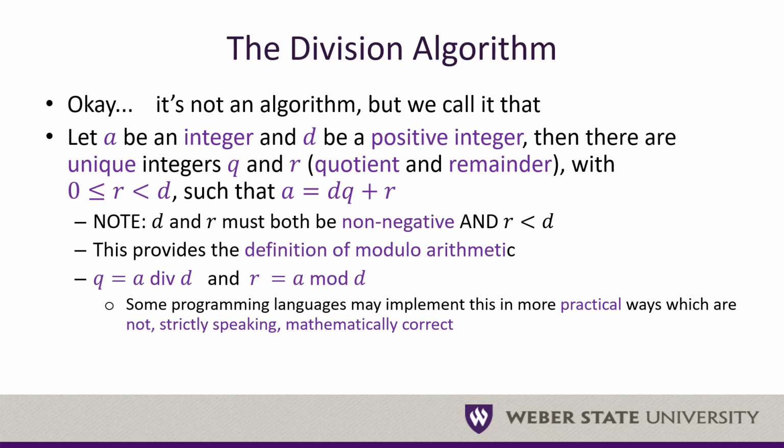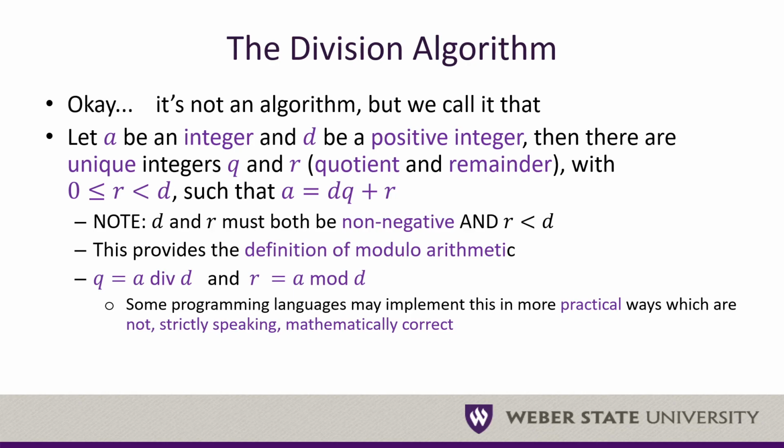Because if I do negative 3, I get negative 33. How do I get to negative 43 from that? My remainder would have to be negative, and we can't have that. They both have to be non-negative. So D is 11.